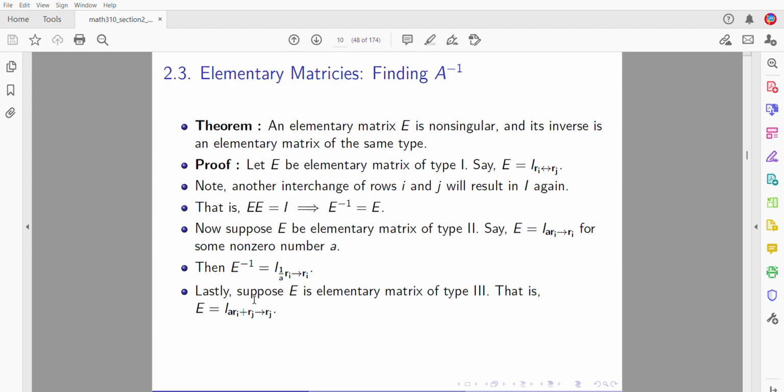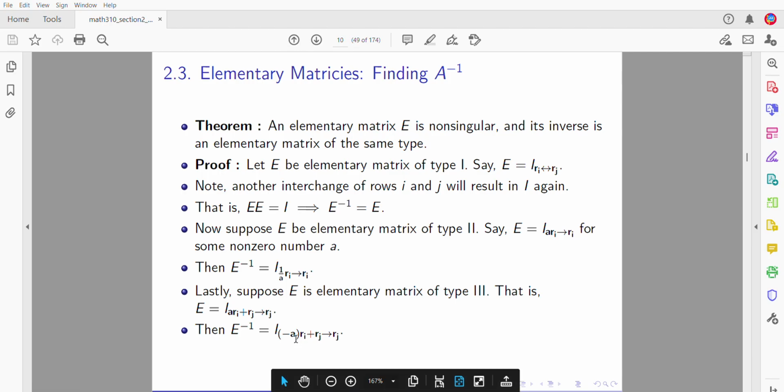That's your E. Well, if I can add, I can also subtract. Multiply ith row by negative a added to j. That will get back your identity matrix. In other words, inverse of E is of the same type, type 3.